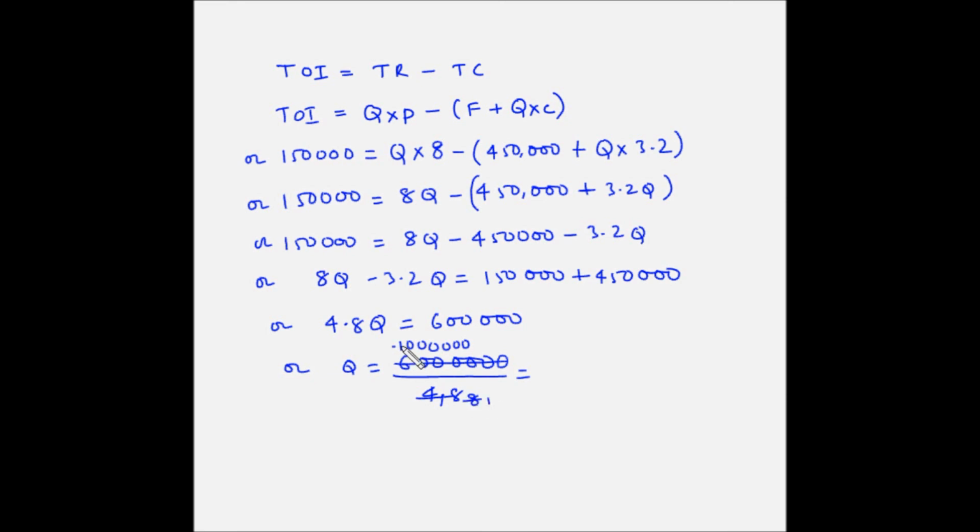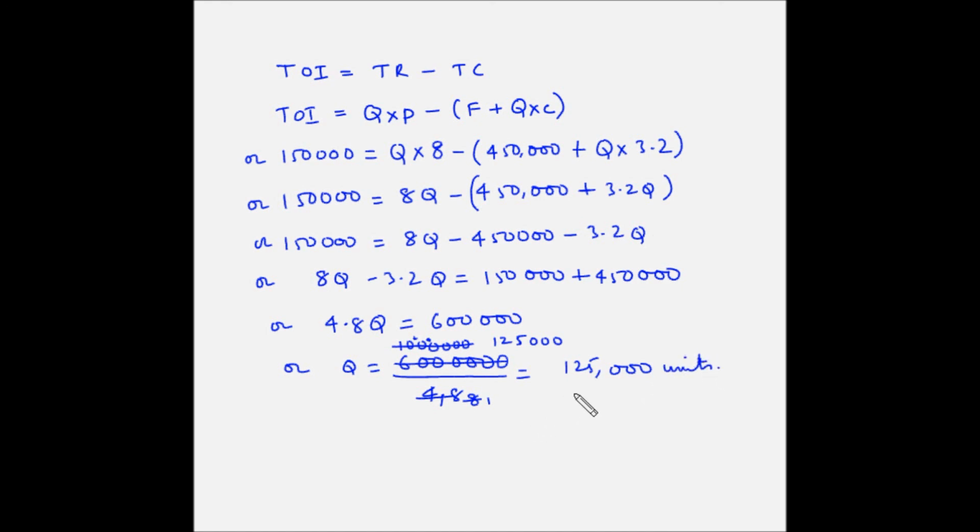So 8 ones are 8, and 10 minus 8 means 2 carry over. So 8 twos are 16, so 4 carry over. 8 fives are 40, and then the remaining 3 zeros. So Q is equal to 125,000 units.